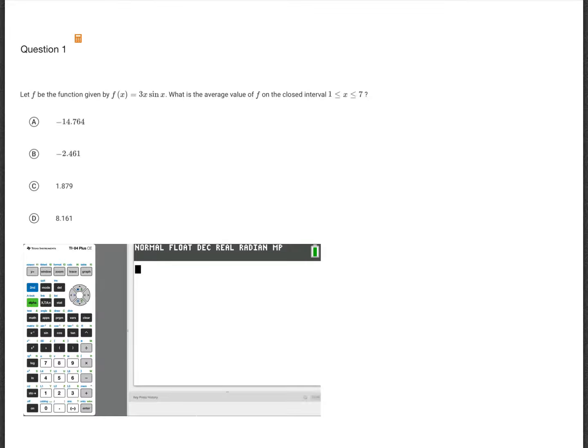Alright, right when you see this average value of f, especially when they say on an interval, this is a tip off that you'll use that average value formula.